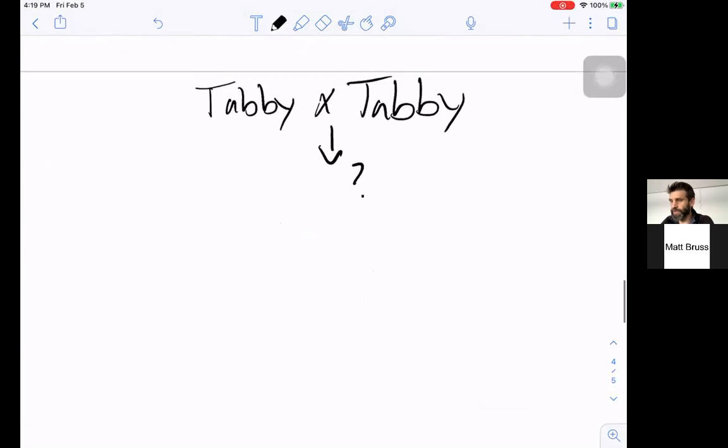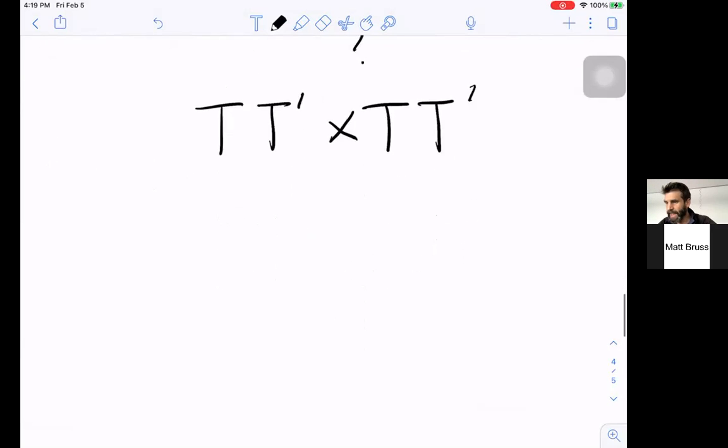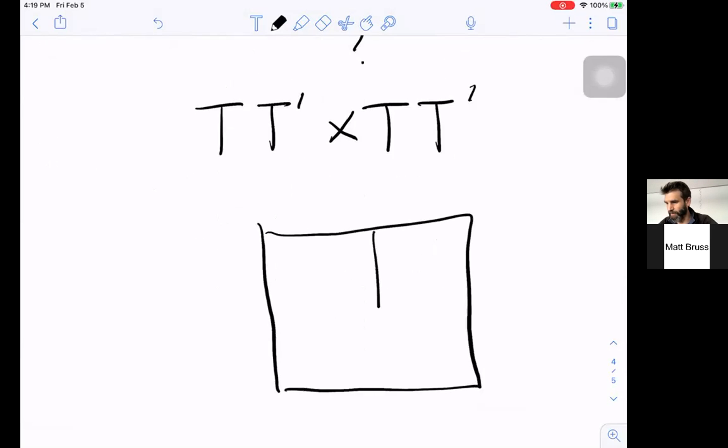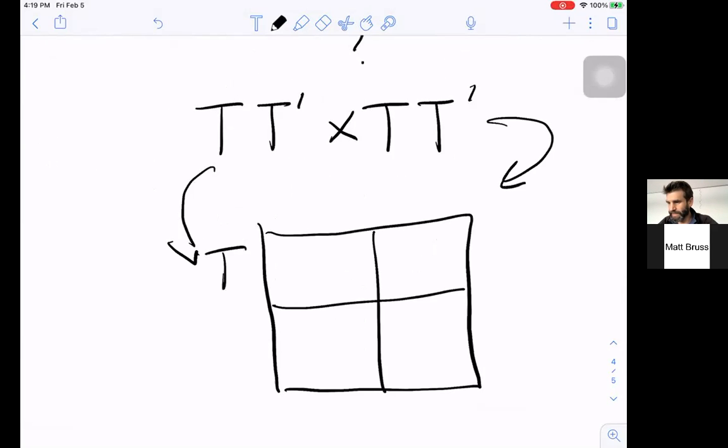And so we can do this genetically with this T prime, that's tabby, crossed with another T prime. And we do the Punnett squares the same way that we've been doing them in all the other versions. So there's the tan allele, the black allele, the tan allele, and the black allele.